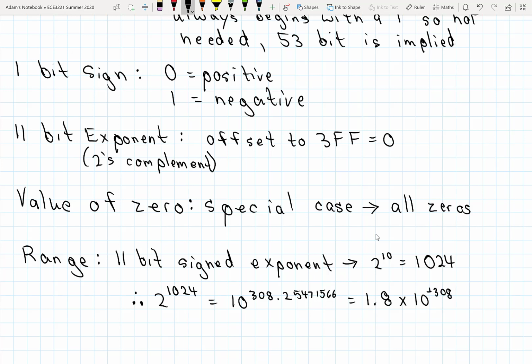And the negative value can be minus 4.9 times 10 to the minus 307. So this is the range of values we can represent with this format. It's quite extensive, so we can represent values quite precisely with this format.